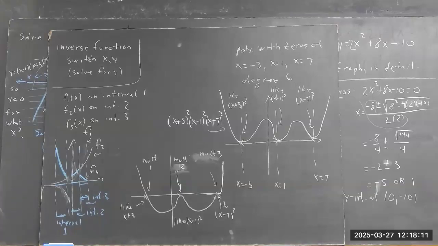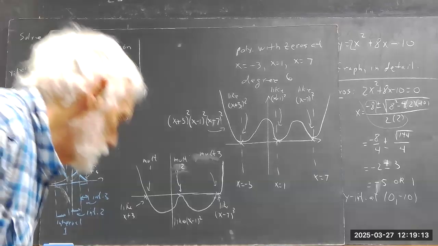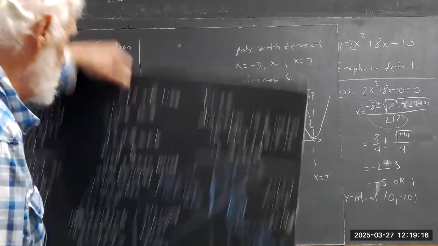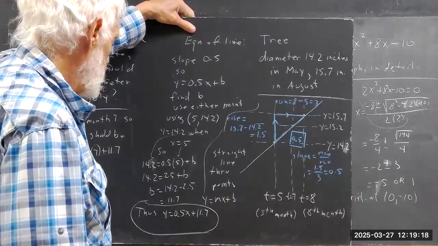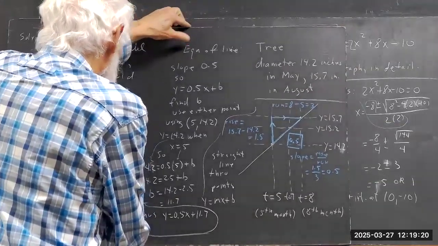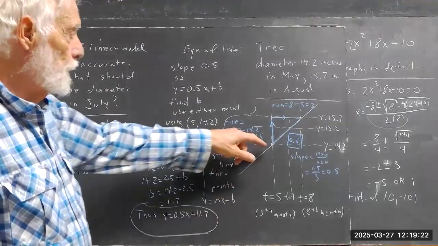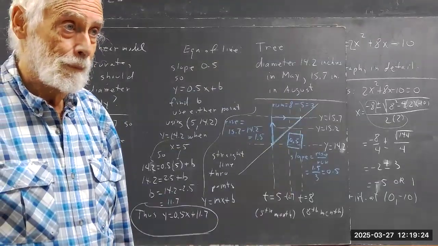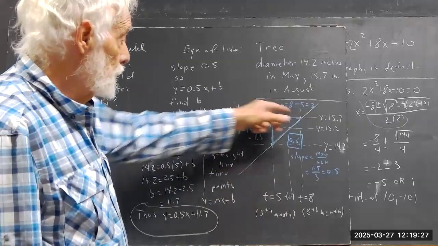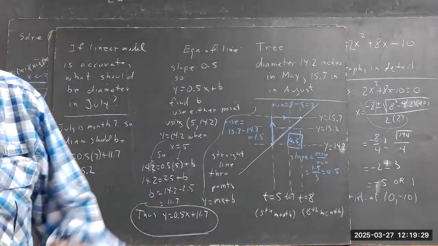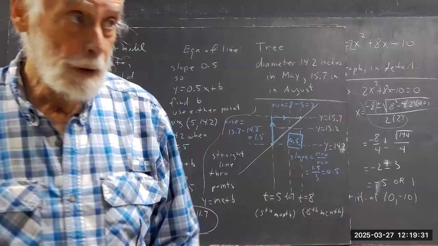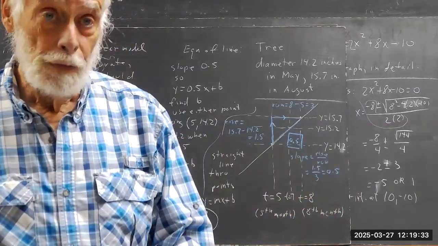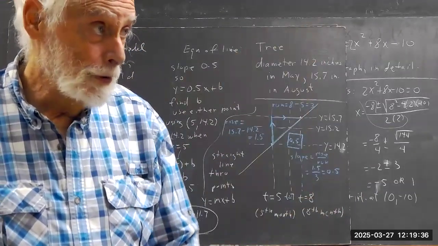Now let's see what else might want. You should also do, like on the tree growth model, if you're given applied information on any problem, pretty much on this test, where you're given applied information, you want to put the points on a graph. If you're asked to find a rate of change, you want to do a fundamental triangle. Now you can, if I don't say do a fundamental triangle, you can do it by the definition of rate of change, change in y divided by change in x.